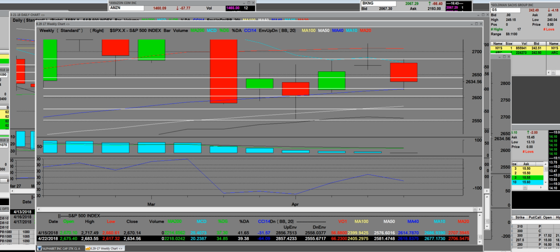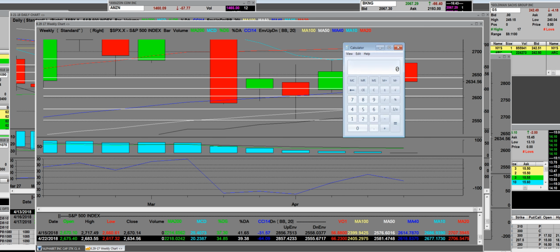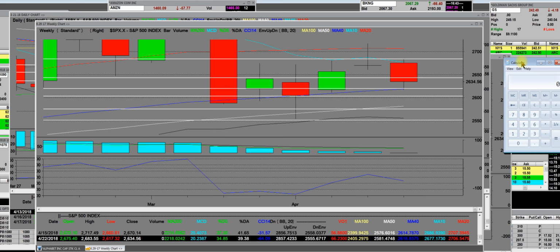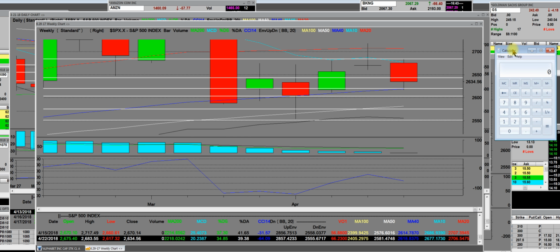So if you take 2706, which I'm going to do here in a minute, in my Excel. So we're going to take that common denominator, and what we're going to do from the weekly perspective is the 20-week moving average is 2706, okay?